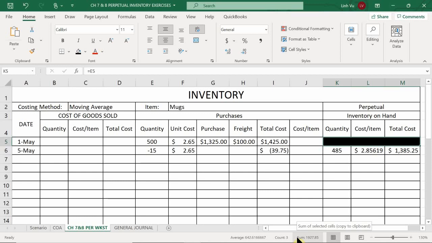So this is what happens when we have to return our inventory products. And because we're using moving average, it's much easier. We can just take it out from any of them. In this case, I only have one batch of inventory, so it would be the same even if you had LIFO or FIFO. All right, is everyone with me so far? Yes. Okay. So then let's go ahead and see what happened next.